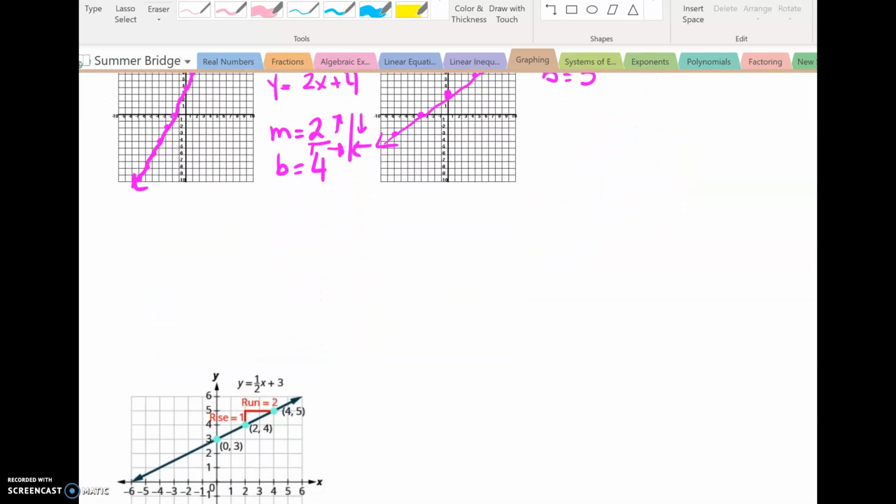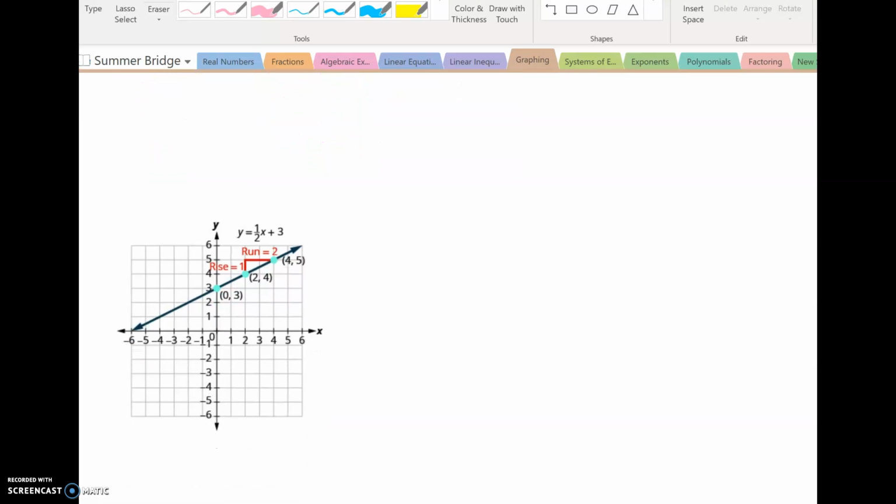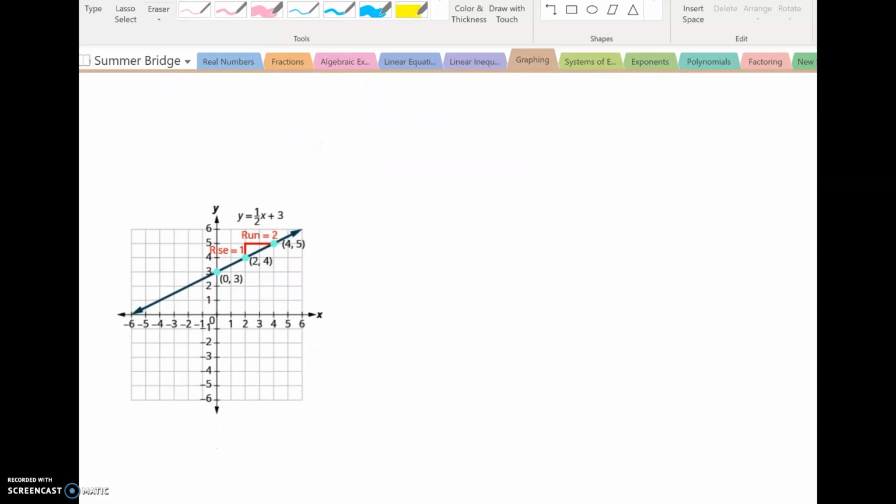Now we need to talk about what happens when we are given a graph. When we're given a graph, we want to find where the line crosses the y-axis. That is where we're going to find our b. So in this case, our b is 3. Then we're going to find another nice point, which I have marked here. I actually found 2 nice points there and there. Then we want to see how many units I am going up or down.